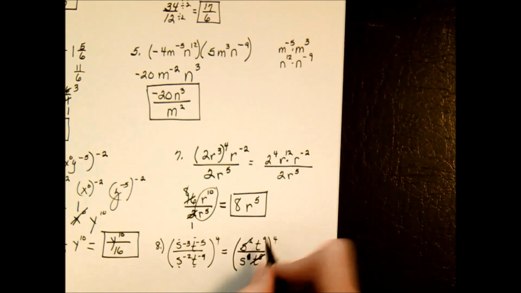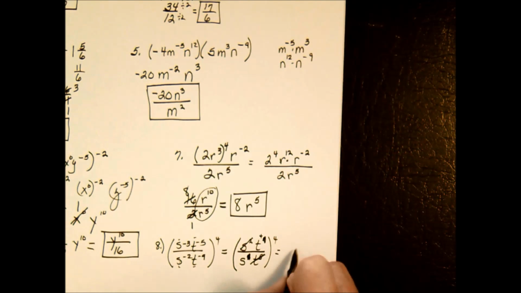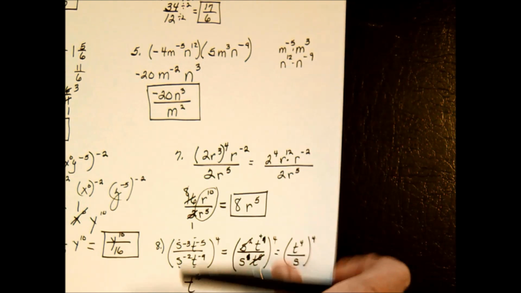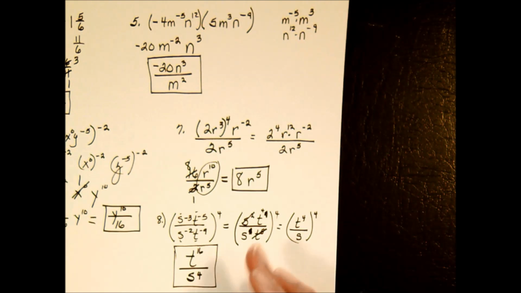These t's cross cancel 5 of those, leaving 4. So what I have now is t to the 4th over s, all raised to the 4th power, which is going to be t to the 16th over s to the 4th. Even though this is division, they're not like bases, so I can't subtract those exponents. One is an s and one is a t.